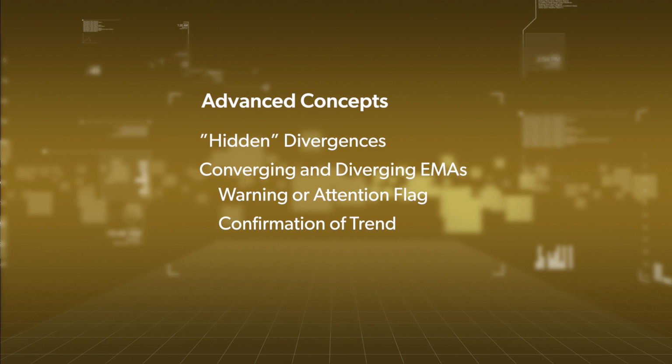So this is sort of an outlier, but it is something that's out there. Oh, and converging and diverging EMAs, they can be either a warning flag, or they can be confirming the trend. So it's sort of the same thing, divergences and confirmations.